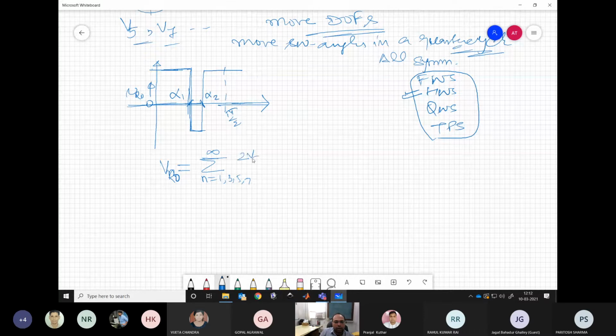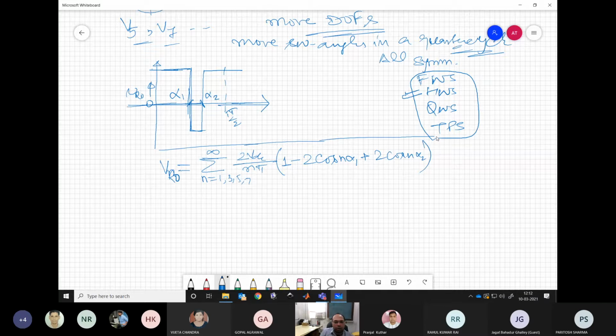And the amplitude would be 2 VDC by pi times of 1 minus 2 cos n alpha 1 plus 2 cos n alpha 2. So this is what is going to be our amplitude of different harmonics, and VRO amplitude.